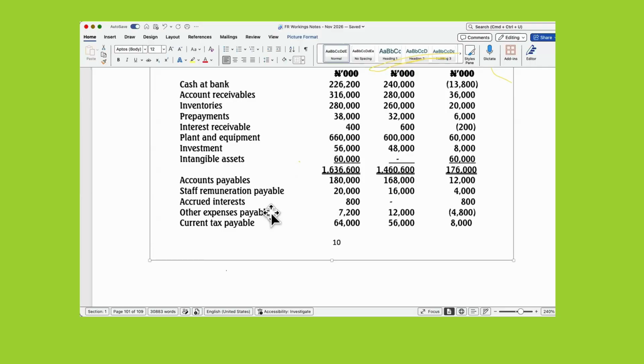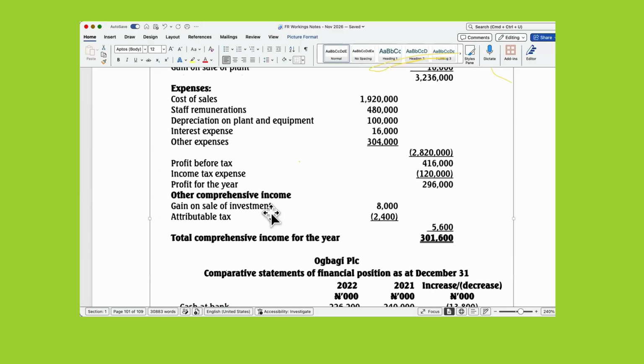So I'm owing 800, which means that out of this 16,000, I have not paid 800. I hope you are getting the logic. This 16,000 in P&L means the interest that we have paid and the one that we are also owing. All of it is inside this 16,000.